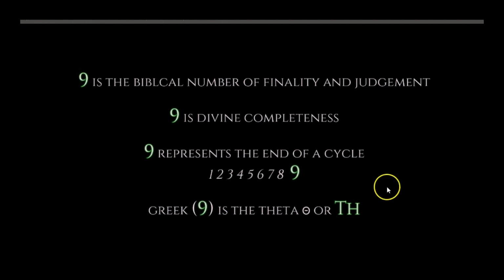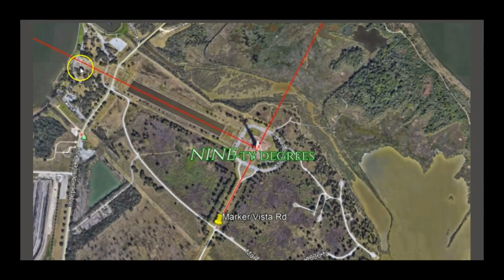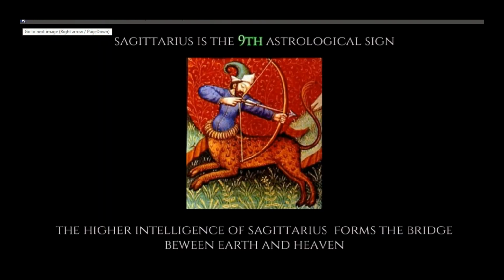But there's a lot of significance behind the TH. And of course, it's 90 degrees from the Trinity monument, and then the line drawn to McCormick Place. Another significant 9 number is the 9th astrological sign is Sagittarius. And Sagittarius represents the bridge between earth and heaven.